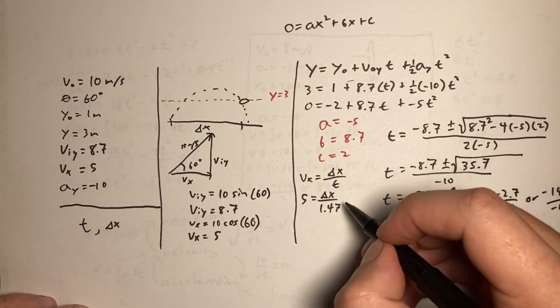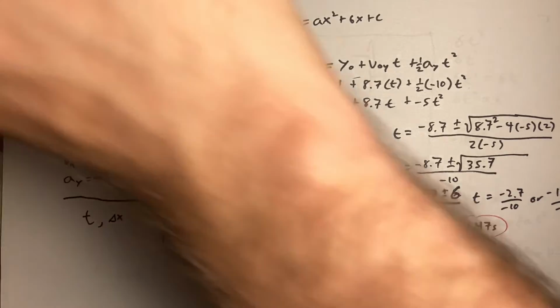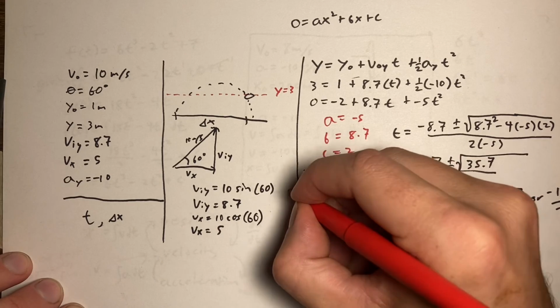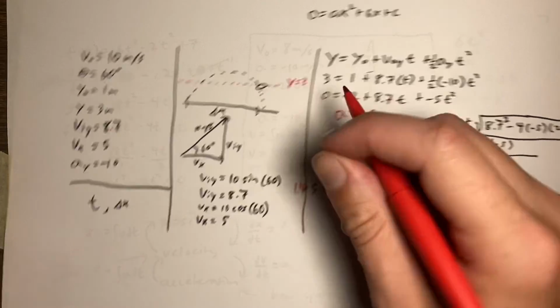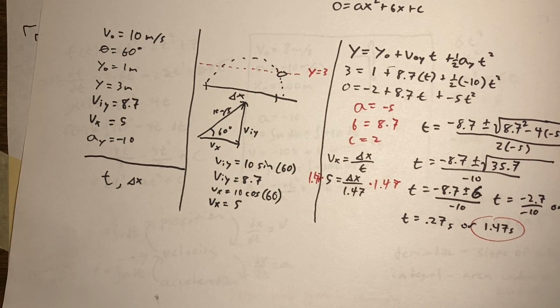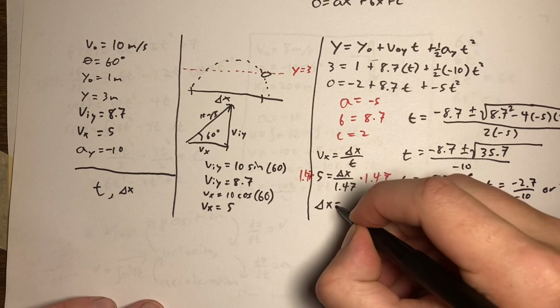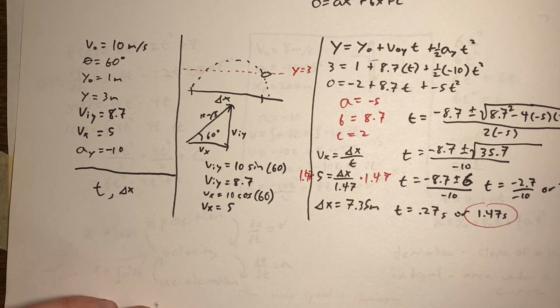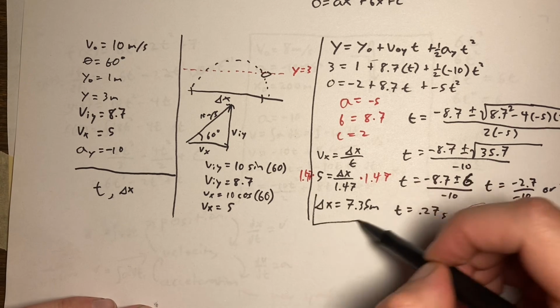To solve this, I'll multiply both sides by 1.47, and 1.47 times 5 equals 7.35. So delta x is equal to 7.35 meters. That'd be about 20 feet away from the basket, and that's our answer.